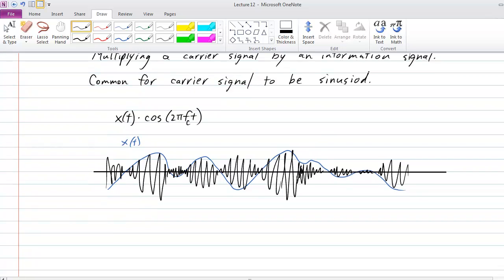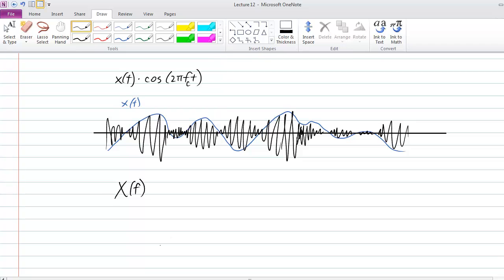Why do this? Well, imagine that when you look at the spectrum of your information signal, x of f, the Fourier transform, it only has some limited bandwidth. By that I mean the frequency content, at least the stuff you care about, is contained in some range.